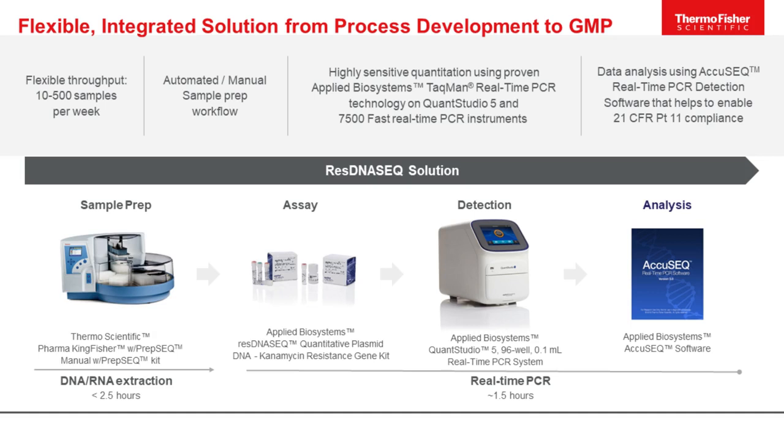You will see from the data presented today that the assay validation results support high sensitivity, specificity, wide dynamic range, and high reproducibility. Finally, the data is analyzed using 21 CFR Part 11 compliant AccuSeq software for the quantitation of the residual plasmid DNA, which has the ability to maintain an audit trail.